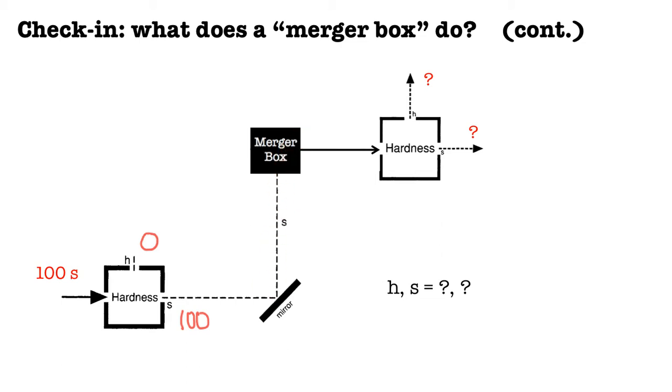And for these electrons, the merger box just acts like another mirror at 45 degrees that will reflect the electrons to the hardness box. When we then make a subsequent measurement, this is simply a repeated measurement of hardness. And so we know that if all of the electrons at the input were soft, then all of them will exit the soft port of the second hardness box.